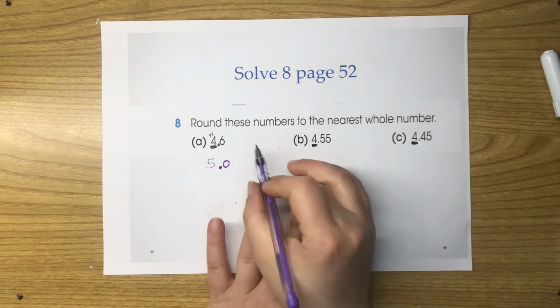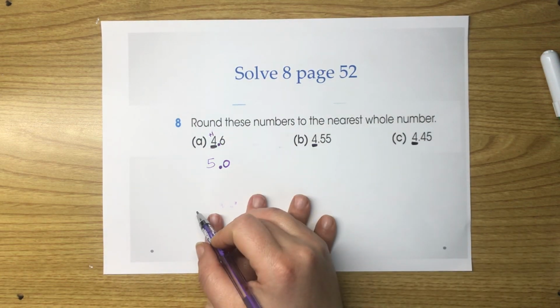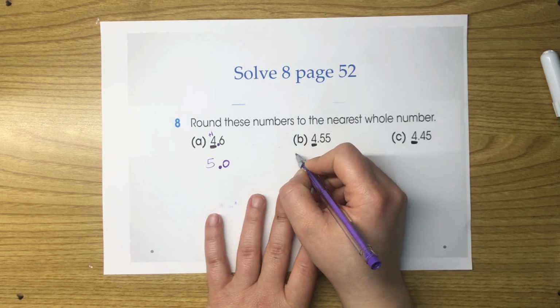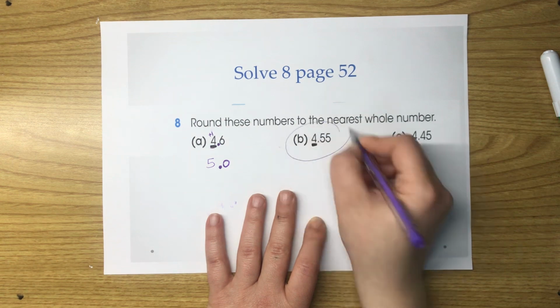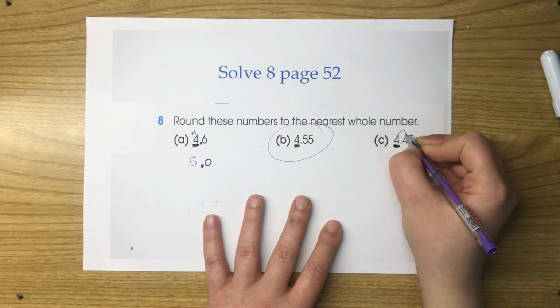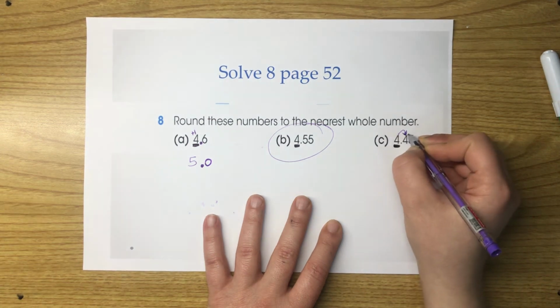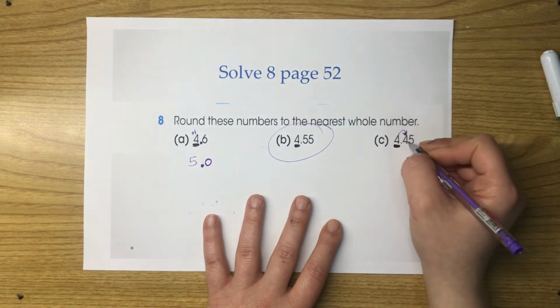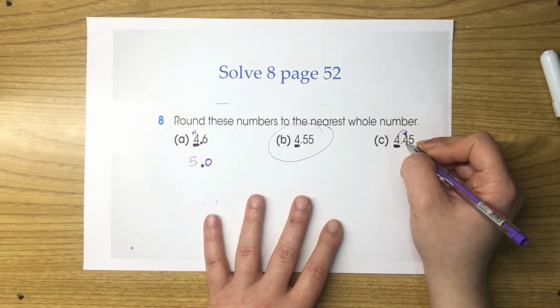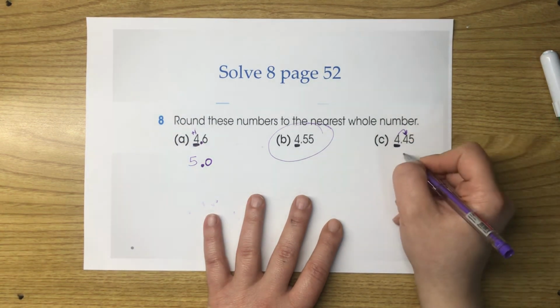Now, write these numbers to the nearest whole number. Find your number. I'm going to take B as homework. Find your number. Look right next door. 5 or more, add 1 more. 4 or less, just ignore.